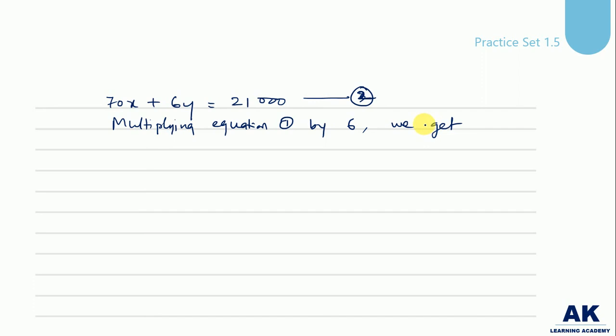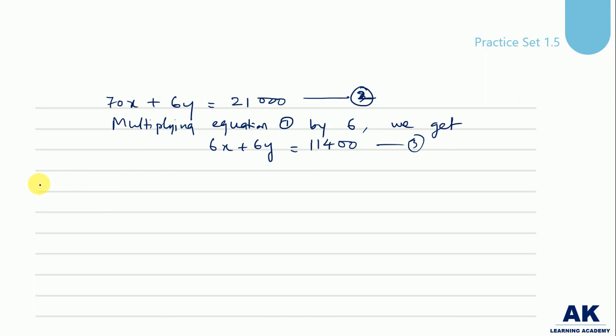It is x plus y is equal to 1900. So let's multiply this equation by 6. 6x plus 6y is equal to 19 into 6, which is 114 with two zeros, right? Let's call this equation number 3, right?